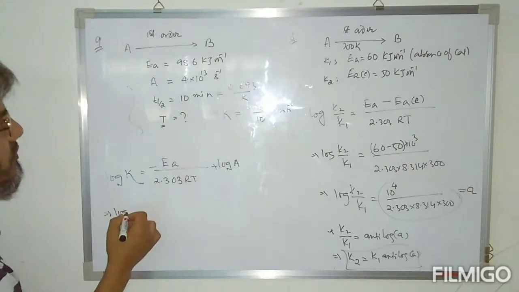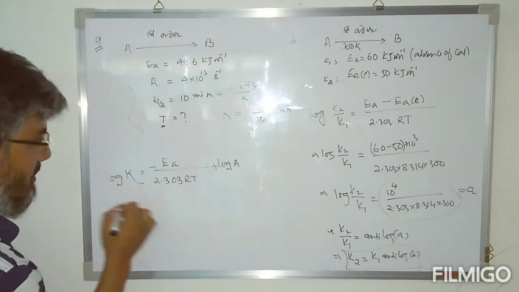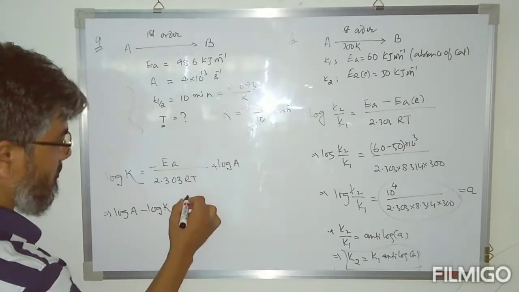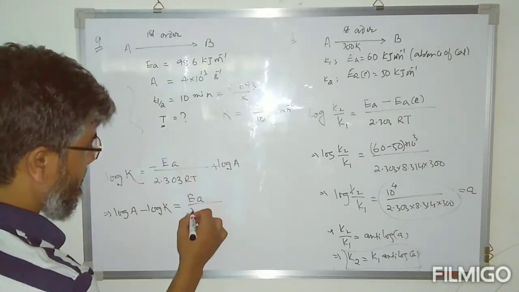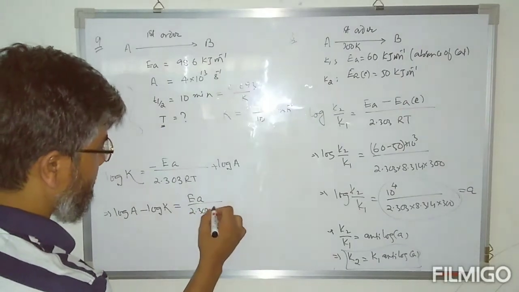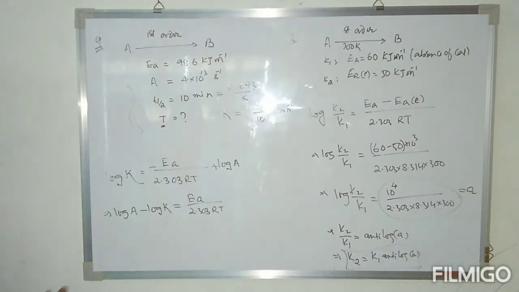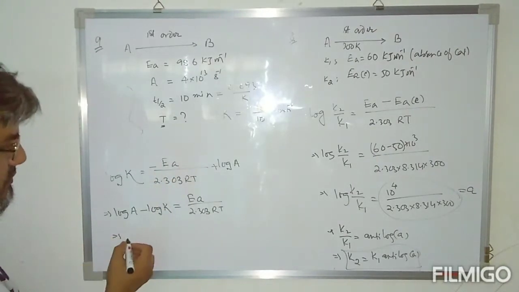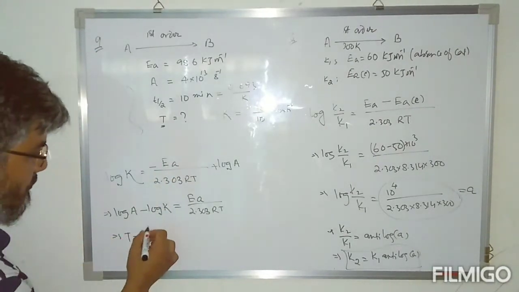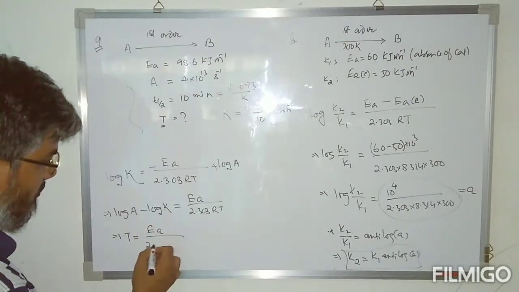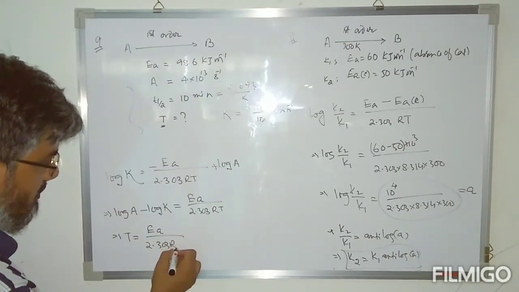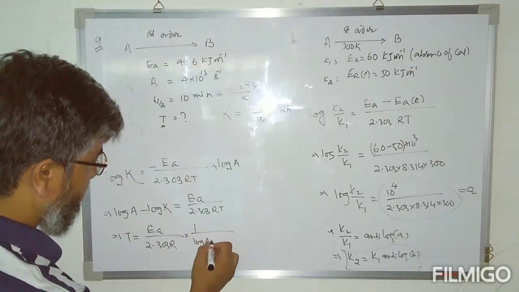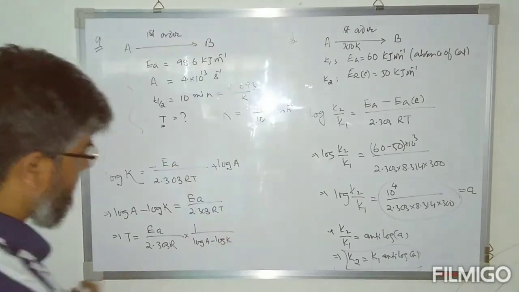So log A minus log K is equal to Ea by 2.303 RT. We are doing this operation. So therefore T is equal to Ea by 2.303 R into 1 by (log A minus log K).